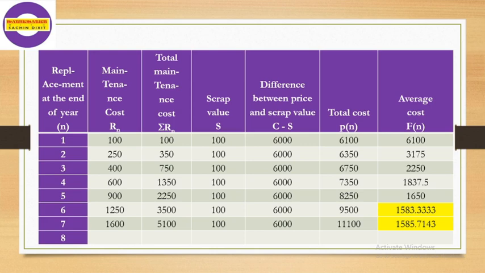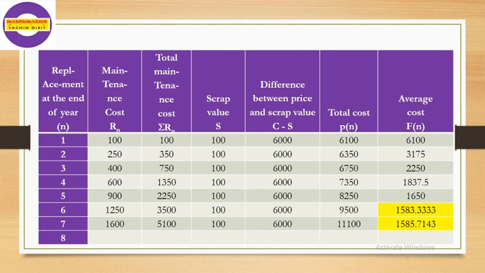And for this 1,585, the notation is P7 divided by 7. That is the average cost of the 7th year. And by observation, P7 upon 7 is greater than P6 divided by 6. And so we have to replace the machine at the end of the 6th year.